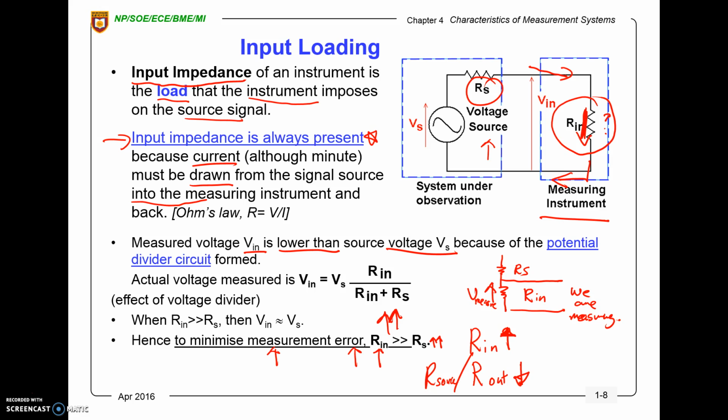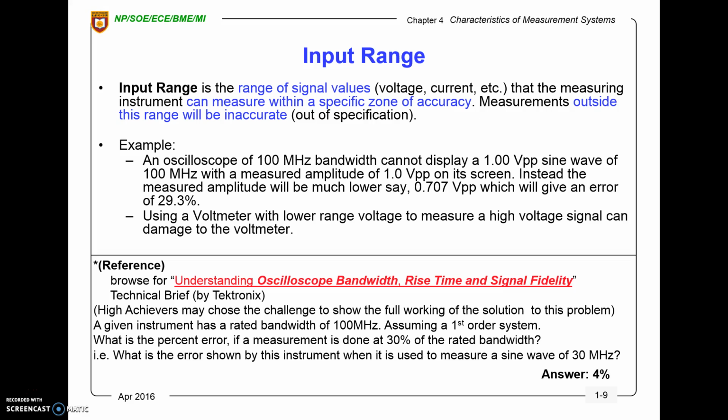When we're talking about the input, we also have to talk about this thing called the input range, which means the range of values that the measurement instrument can measure.